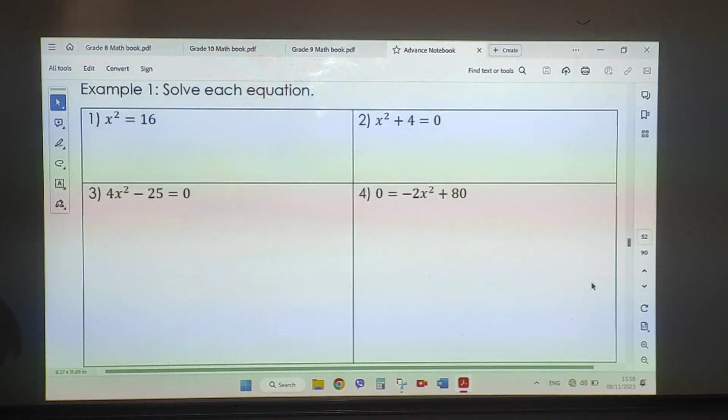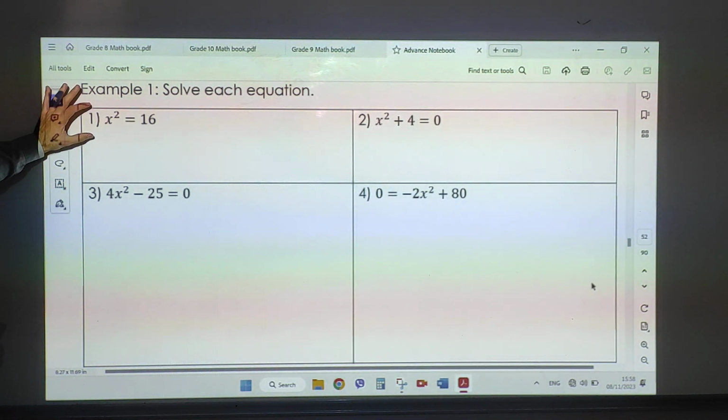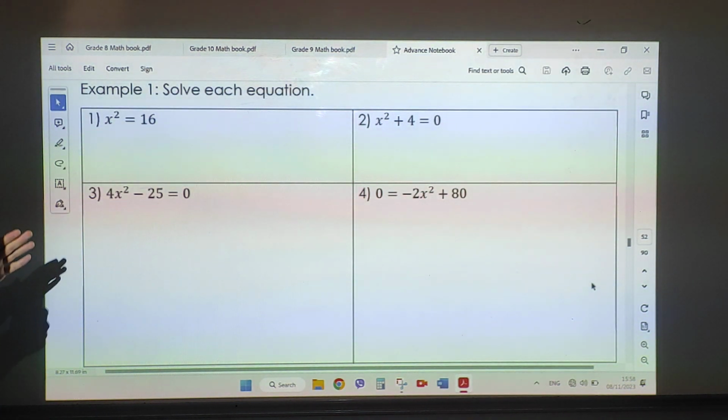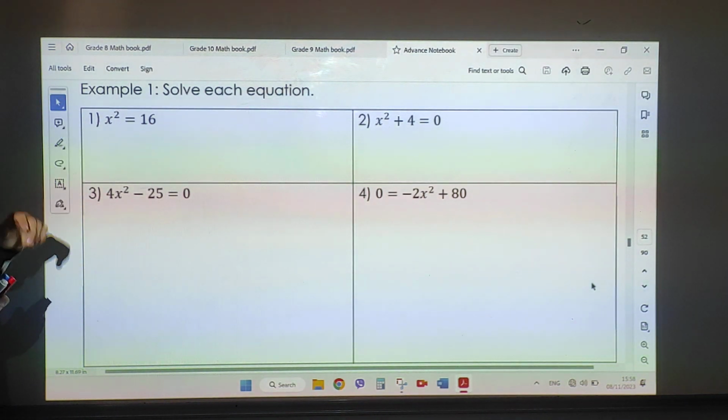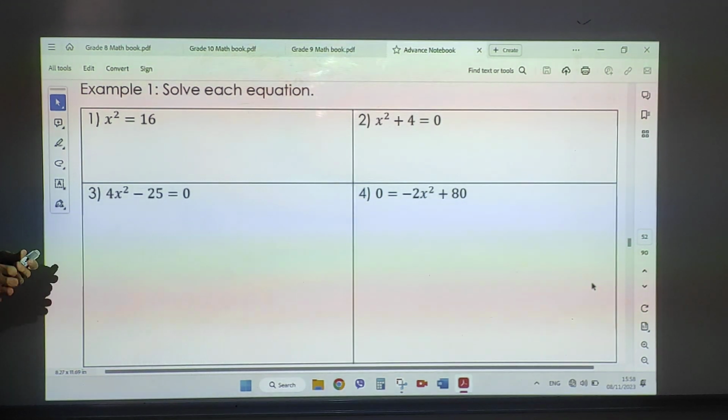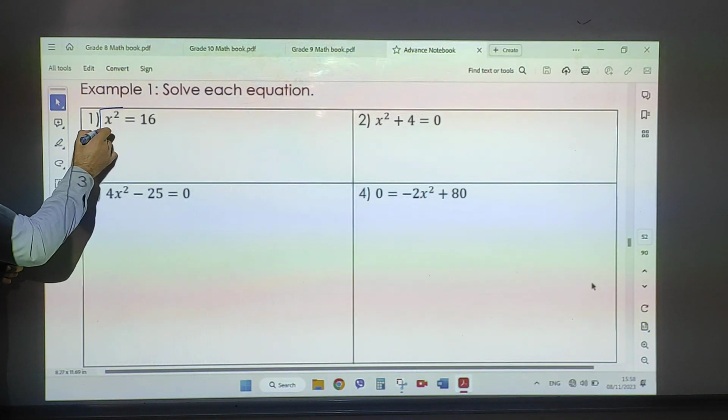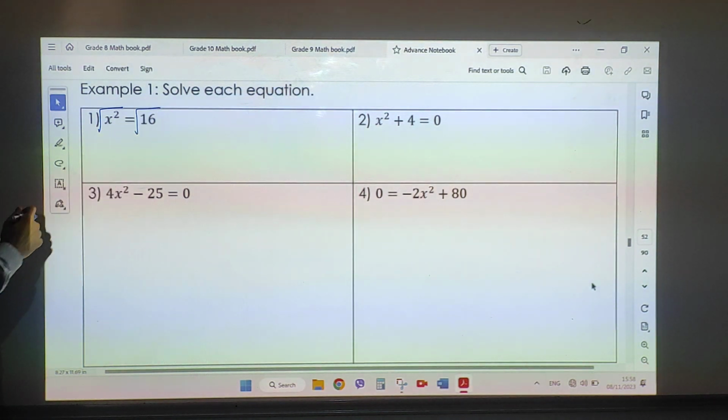For example, x power 2 equals 16. For this question, whenever we have something power 2 alone on one side equals a number, we can directly take square roots of both sides to get the answer.